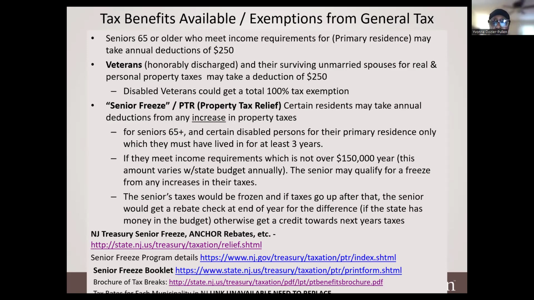Income may be no more than $10,000 during the year for the deduction. Yeah, what a break. If you're 65 and older, permanently or totally disabled, or the unmarried spouse, 55 or older, of such a person, you're a resident of New Jersey, and your income is under $10,000 a year, they'll give you a $250 deduction. They're so generous.